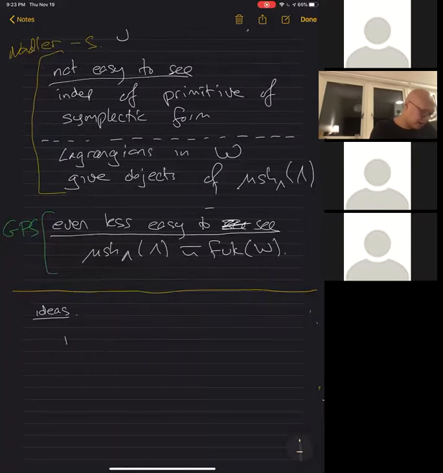And the first idea is what we call gap specialization. And the theorem about gap specialization is that it induces fully faithful functors.